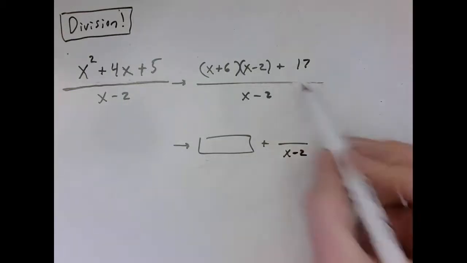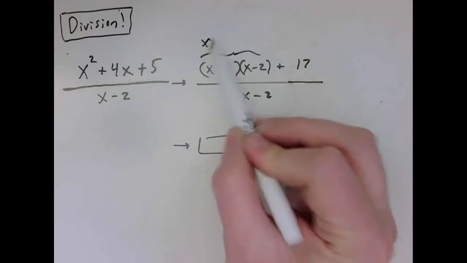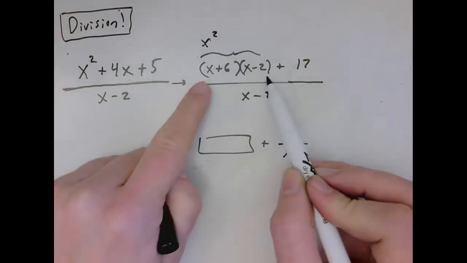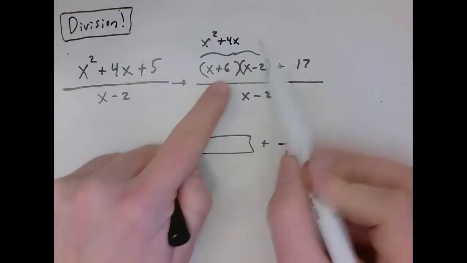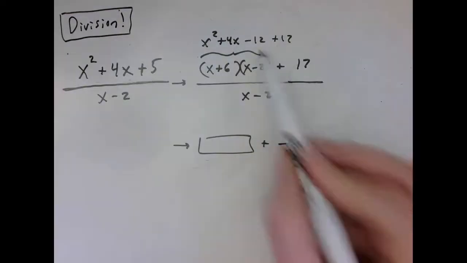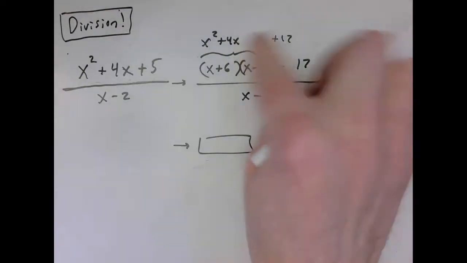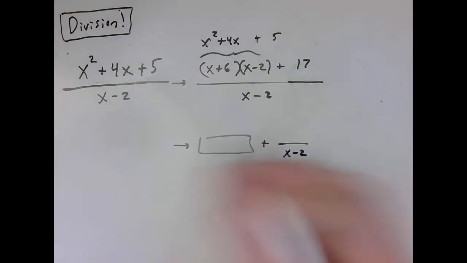And let's just double check that that makes sense by multiplying it all out, okay? So here I've got x squared minus 2x plus 6x is 4x. And then here that's minus 12. But then when I add the 17 to the minus 12, that gives me plus 5, which is the same as what I had over here.